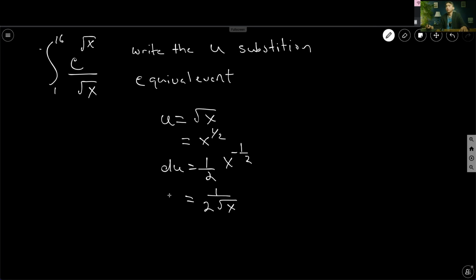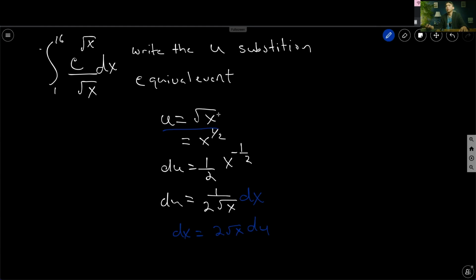Okay, and then this is du, and this is equal to dx here. And there's a dx up here. Okay. And then now you substitute everything out. So first of all, you want to get the dx by itself. So here, dx is equal to 2 square root of x du.